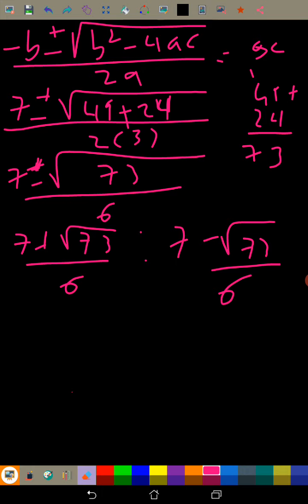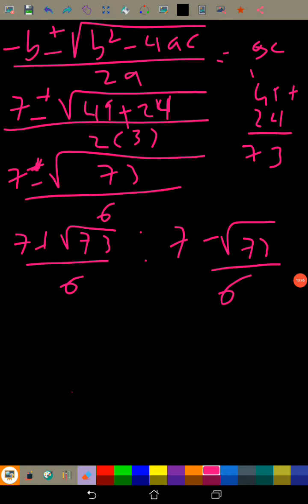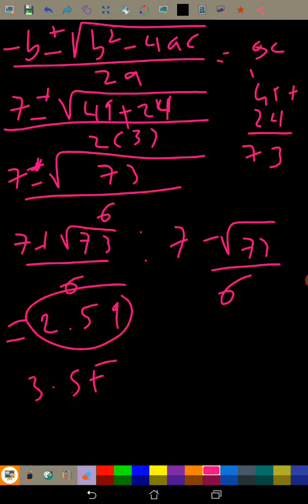So I can use a calculator and check my answers. Here I have 2.59, to 3 significant figures. So this is the answer. Let me try the other one. So it's the root of 73, and I haven't been using this calculator for a long time, so I need to make it minus.